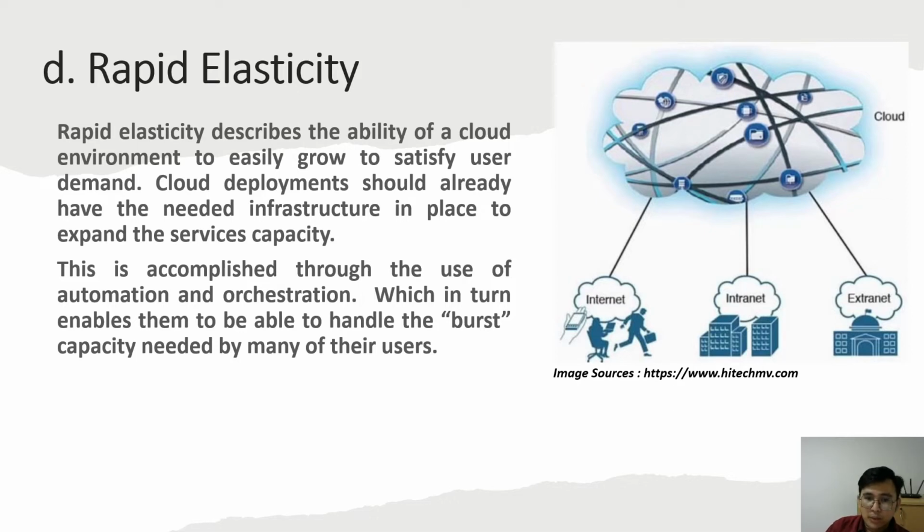We need to strategically place our service where it is expandable, because who may know that some day we become viral and we need a lot of other servers to support our cloud technology. And this is what we mean by rapid elasticity.